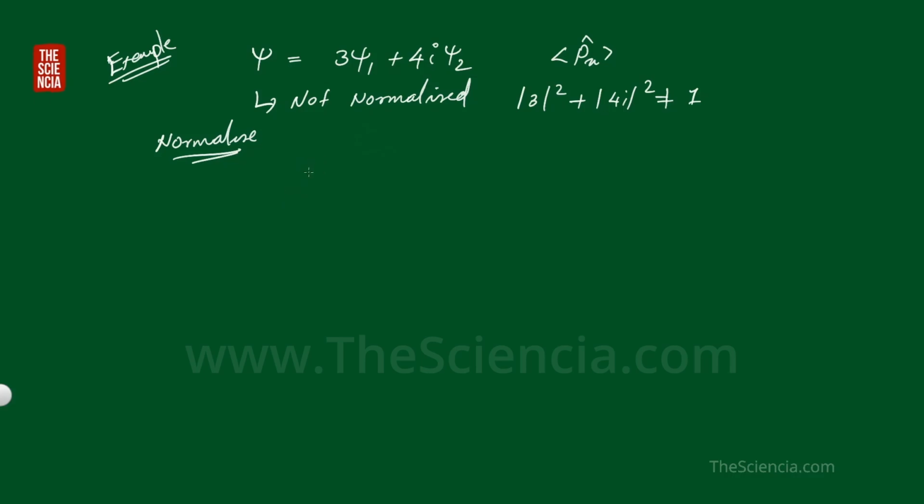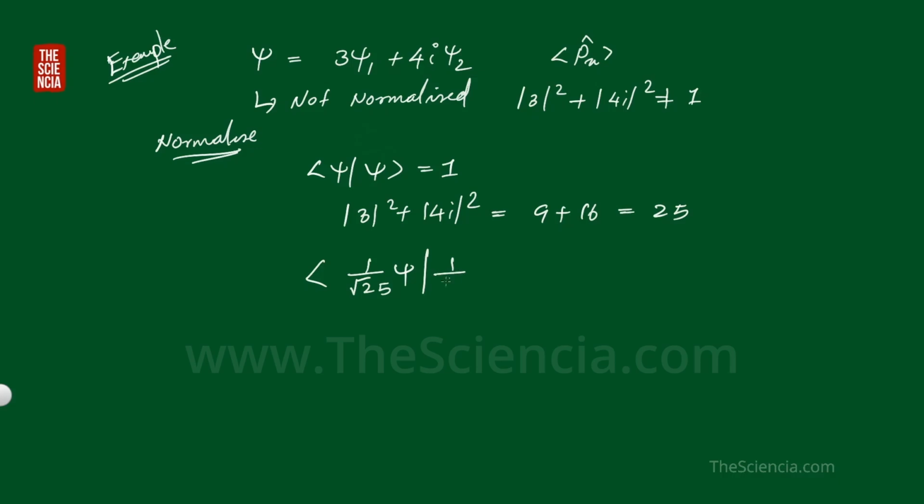How can we normalize? That is, bra psi ket psi should be equal to 1. So in order to normalize, we have to evaluate mod 3 squared plus mod 4i squared. That is 9 plus 16, that is 25. So if you modify this wave function as 1 by root 25 times psi, then you will get a value equal to 1.